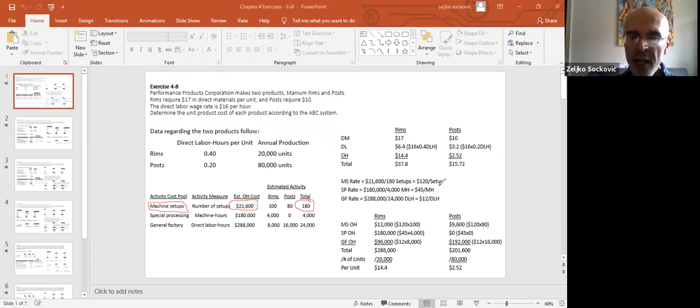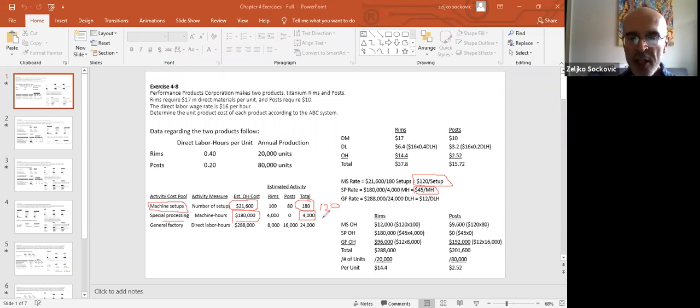And then we will get this rate here, you see, 120 per setup. Then we will do the same here for special processing. We will divide this total here into these 4,000. We will get $45 per machine hour.